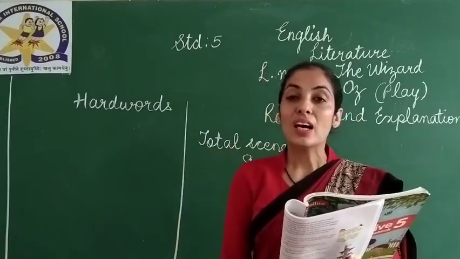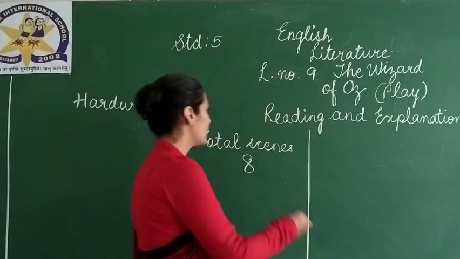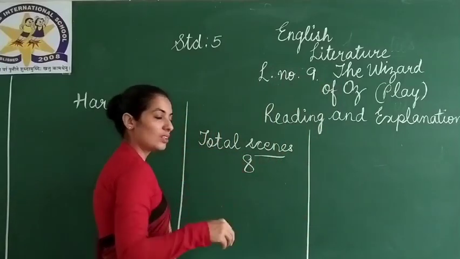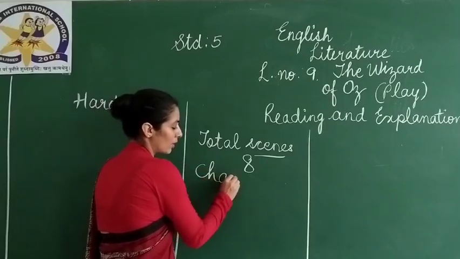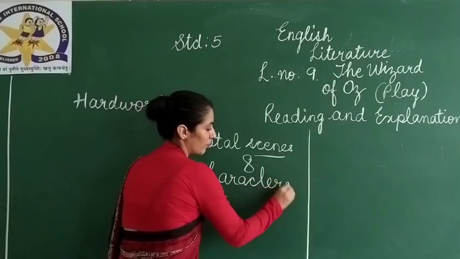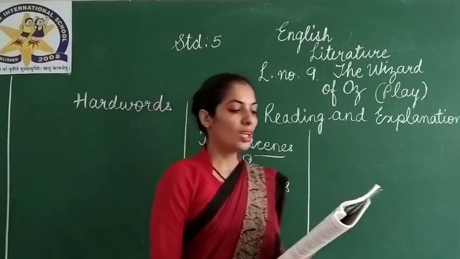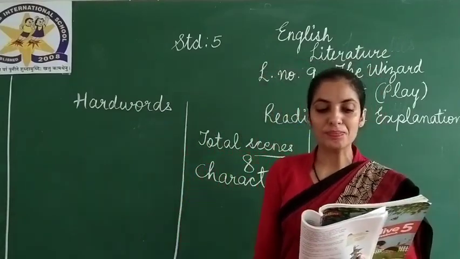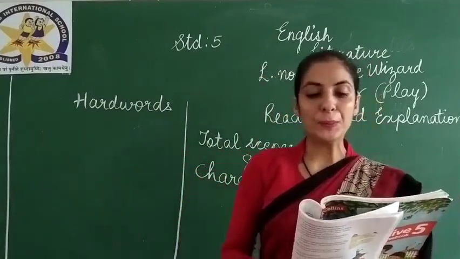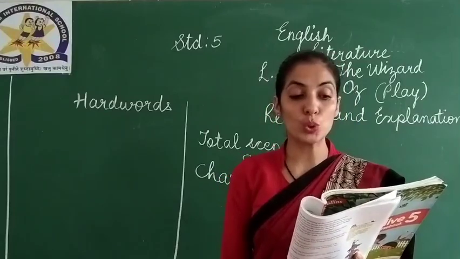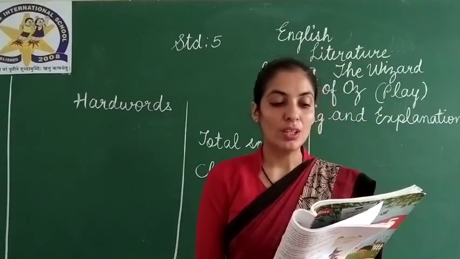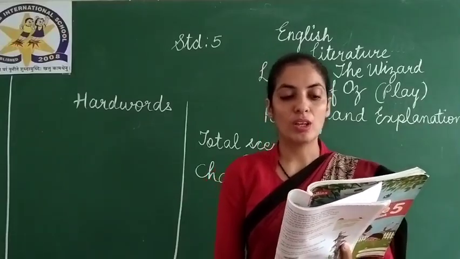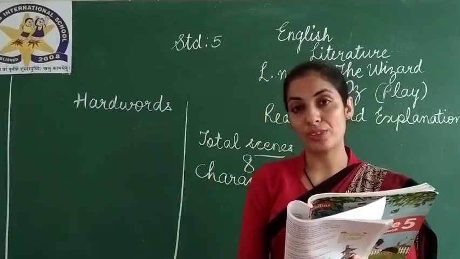How many characters are there? So scenes are there, and what is another feature of a play? There are characters. First is the narrator, and then we have Toto, Dorothy's dog, Scarecrow, Lion, Wicked Witch of the West, a Good Witch of the South.